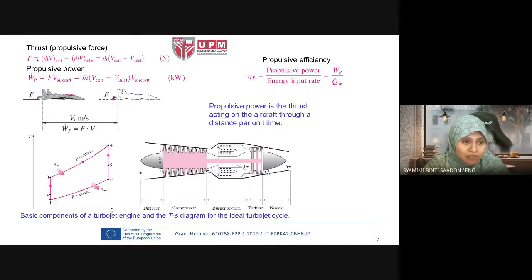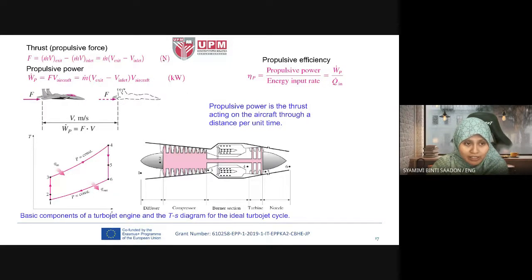The thrust equals the change in momentum, Newton's second law. So we have the mass flow of the air, in the ideal case, times the velocity of the working fluid at the exit minus the inlet, and then the propulsive power is the thrust multiplied by the velocity of the aircraft.